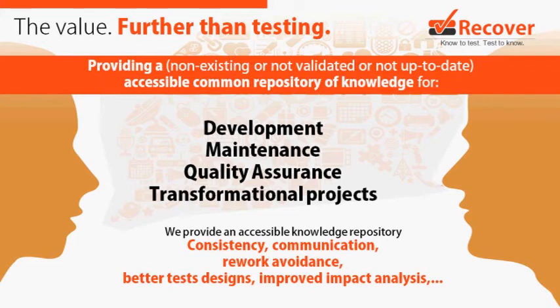So further than testing, we have some value in this documentation and this knowledge model, because, for example, someone who wants to fix the login process of a system will be happier if they have a repository of knowledge where they can navigate and see what a customer is there, how the current login process is, how the functionality is now at the moment, and they need to be sure.